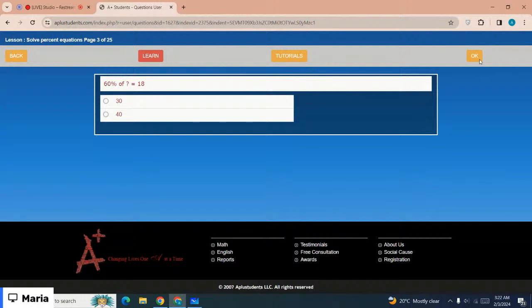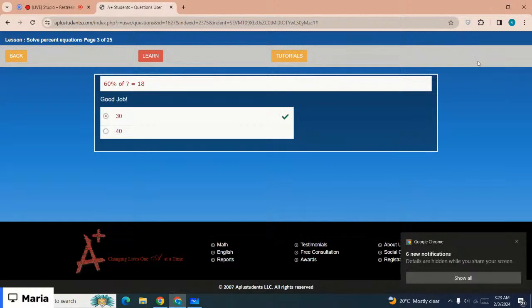Which is the correct option? Yes, the correct option is 30. 60% of 30 is 18. The correct option is 30. Got it?